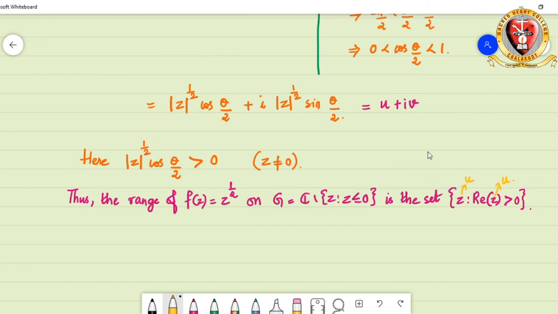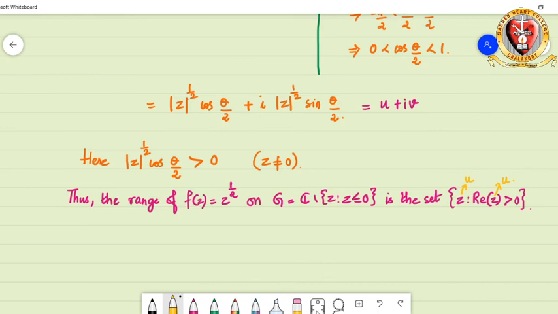It is nothing but the set of all complex numbers such that the real part of the complex number is strictly greater than 0. Instead of z here, you can replace it with u or write it with respect to z itself. Note that this will be happening inside the uv plane. So you can write in whatever way you are comfortable with.